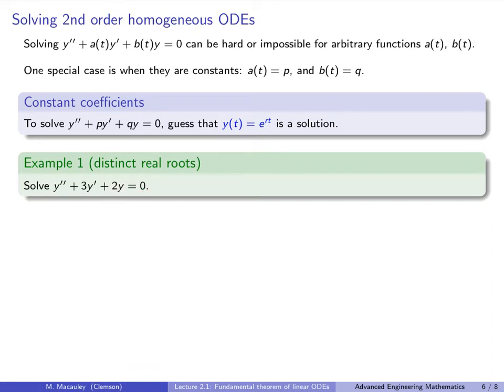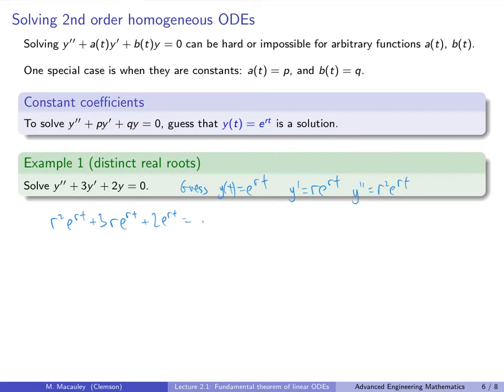As before, we always guess that y(t) = e^(rt). In this case, y' = r e^(rt), and y'' = r² e^(rt). So we plug this back in, and we get r² e^(rt) + 3r e^(rt) + 2 e^(rt) = 0.